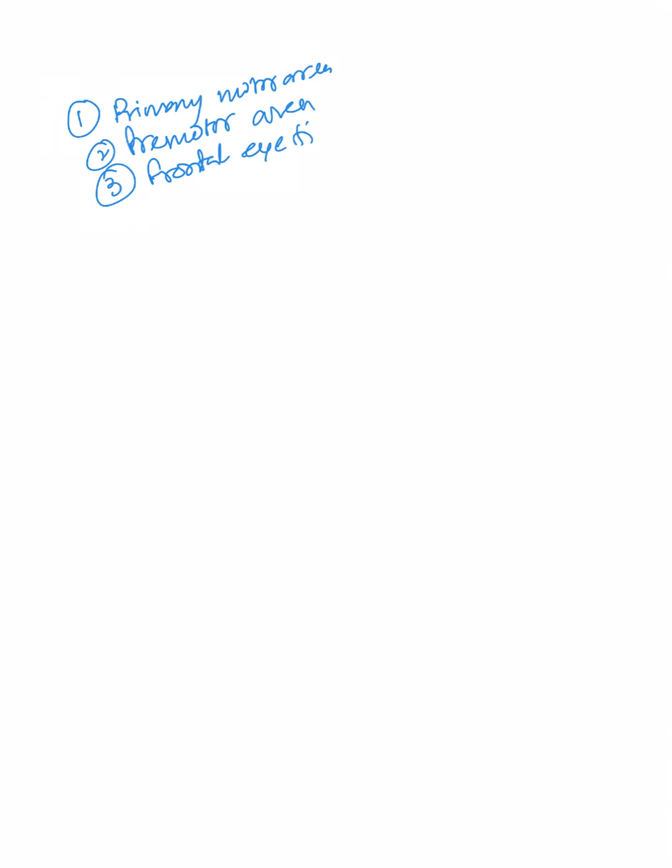so coming to the last slide, till now we have discussed the frontal lobe and the 4 most important areas, and those were number 1, primary motor area, number 2, premotor area, number 3, frontal eye field, number 4, Broca's area, and lastly I am going to discuss the prefrontal cortex.